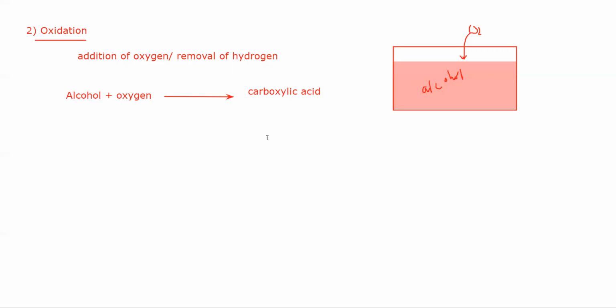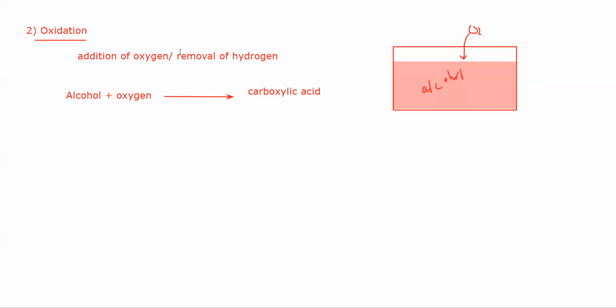That is why, for example, if you have a container filled with alcohol, even different wines have different proportions of alcohol, but they keep the lid on the bottle. Why are they keeping a lid on the bottle? Because if the bottle is left for a greater period of time, then the alcohol present in the bottle of wine will turn into carboxylic acid and it will turn sour.